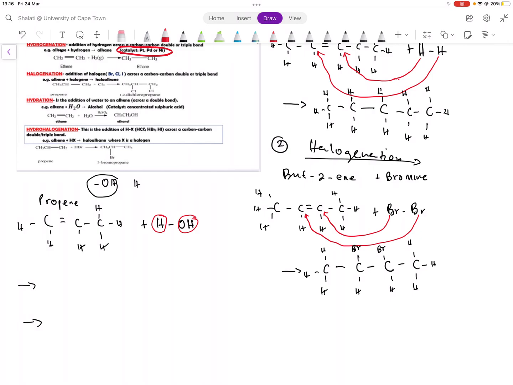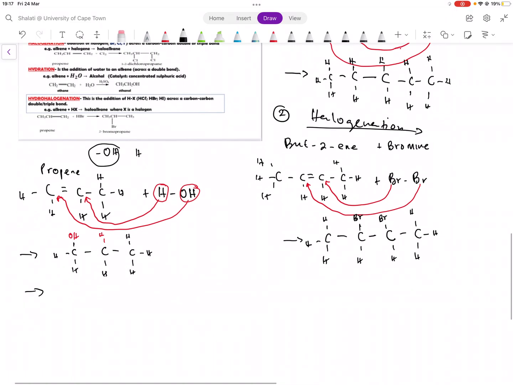In the first case, the hydrogen can come and attach to this carbon, and the OH can attach to the first carbon to form CH, H, and then I put an OH, and then you have a C, H, and then the hydrogen that is added, and then C, 1, 2, 3 hydrogens. That is the first case, but this can go the other way around.